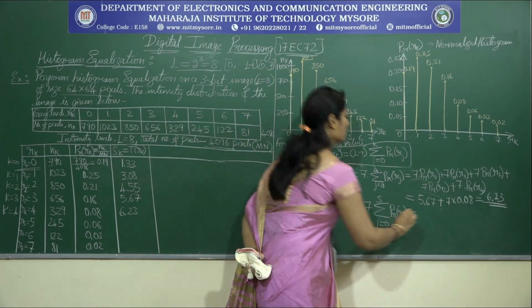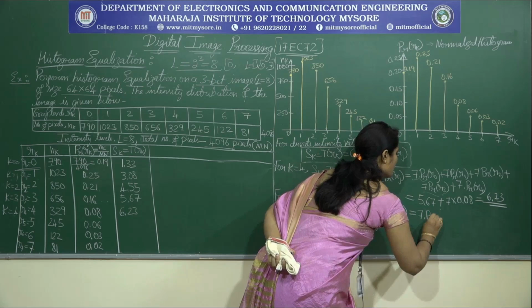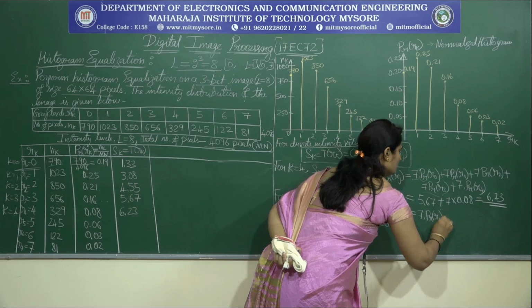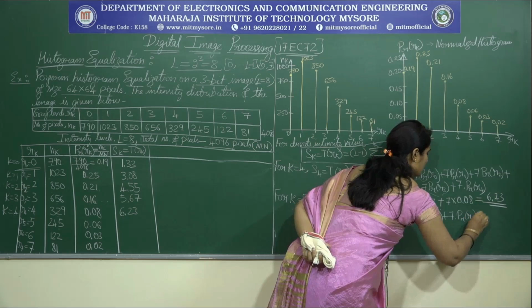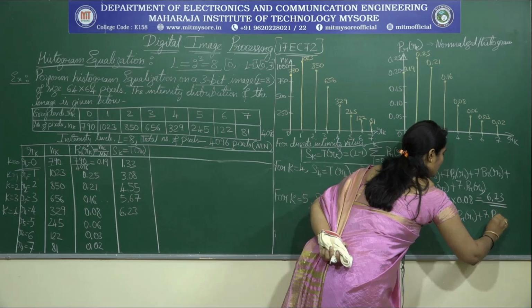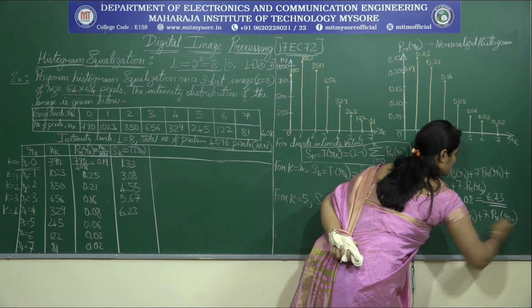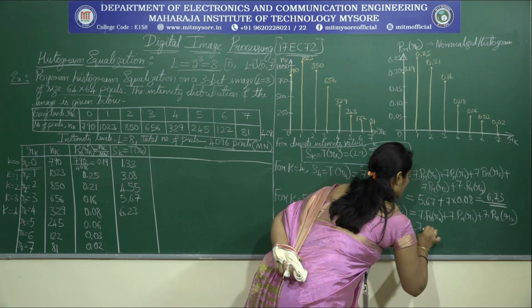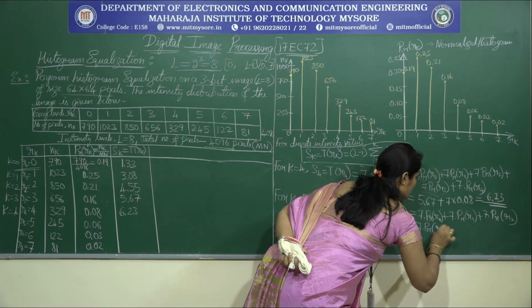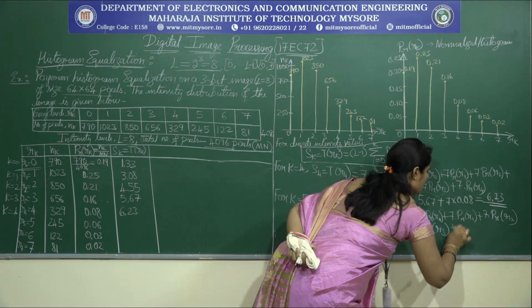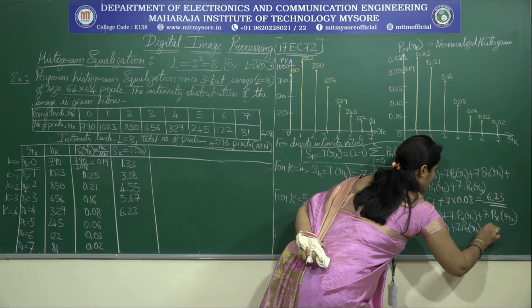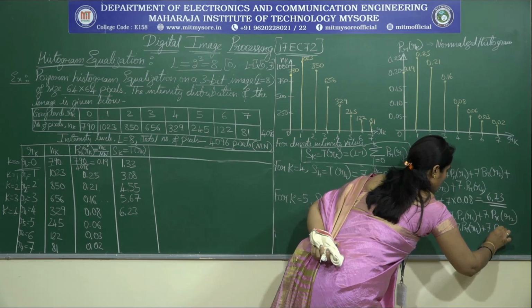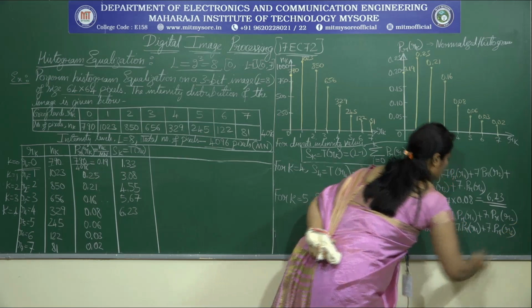So which is equal to 7 into PR of R0 plus 7 into PR of R1, 7 into PR of R2 plus 7 into PR of R3, 7 into PR of R4 plus 7 into PR of R5.